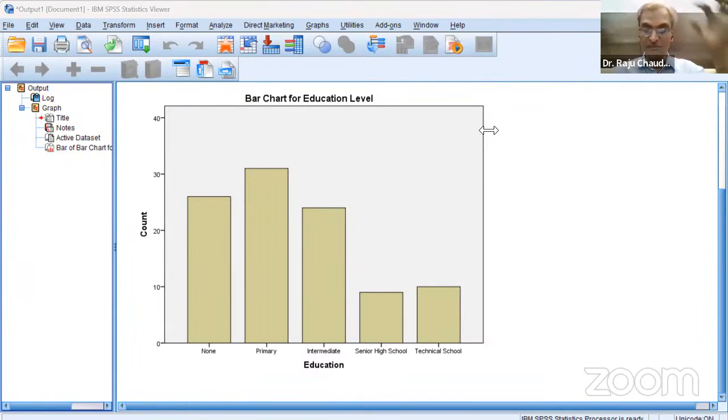Okay, Padma, what are missing values? Many times in your data, when we enter the data from the questionnaire, some respondents have not given any responses. For example, you have one column, family income.